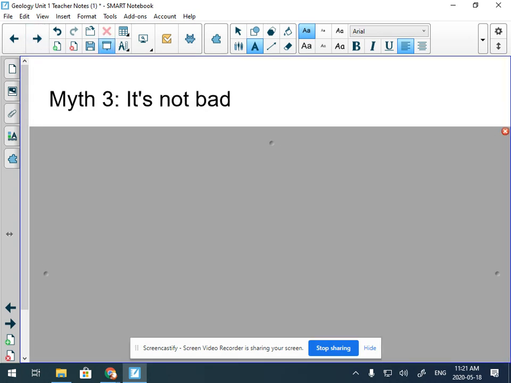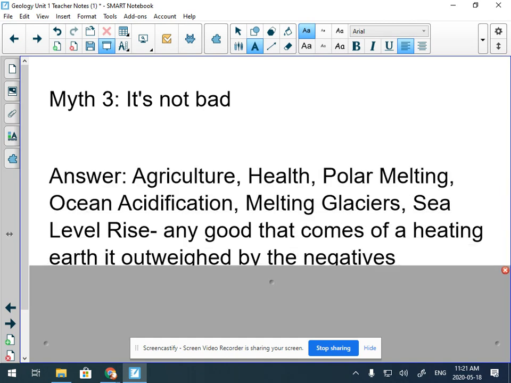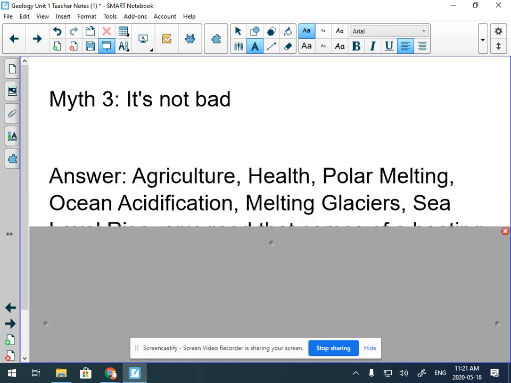Okay, myth 3. It's not that bad. Well, I hate to break it to you, it's bad. Here are the things that are affected by climate change. Agriculture. There are places on Earth where it's getting harder to grow things that keep us fed.